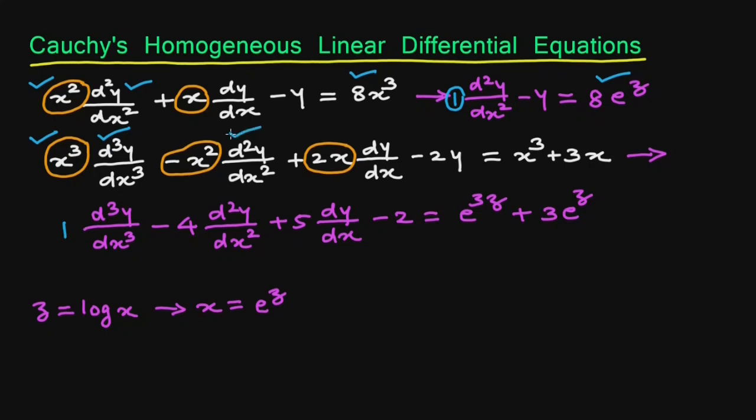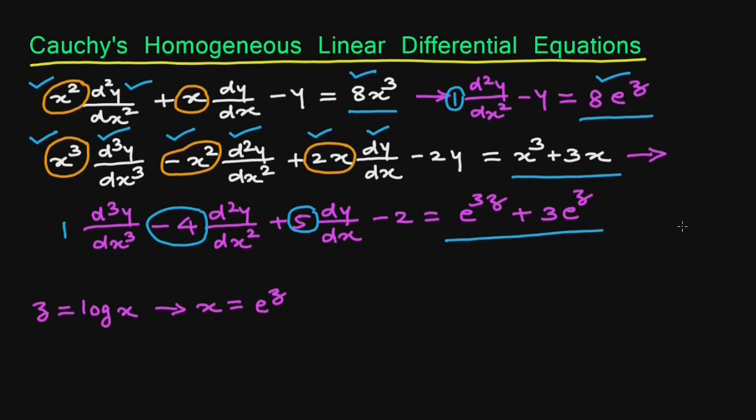Coefficient of this d2y by dx square, which is minus x square here, has been transformed into a constant minus 4, and the coefficient of this dy by dx, which is 2x, has been transformed into a constant 5 here, and here the right hand side x cube plus 3x has been transformed into e raised to 3z plus 3 e raised to z. Now these two equations, being linear differential equations with constant coefficients, can be solved by usual methods.